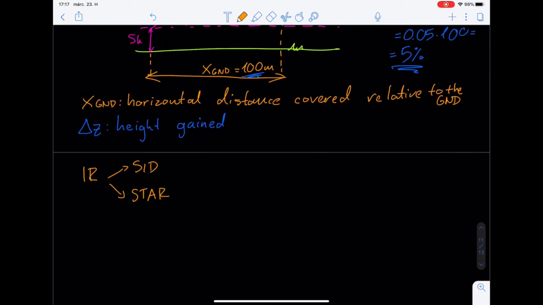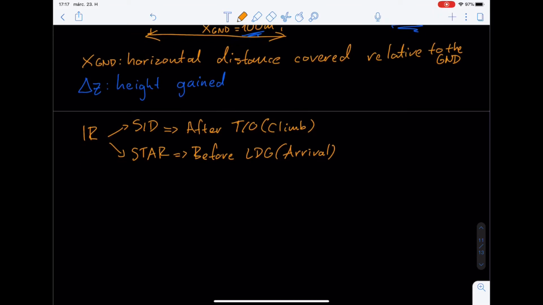The departure is used after takeoff, so basically on the climb section after you've taken off from an airport, and the terminal arrival is before landing, basically the arrival, before you do the approach section. And I wanted to give you guys an example.